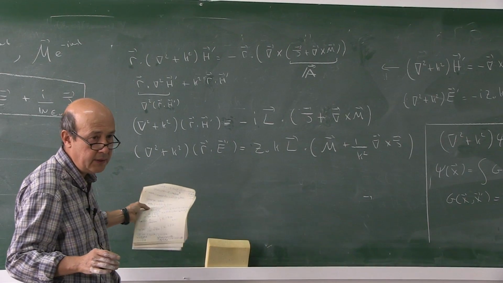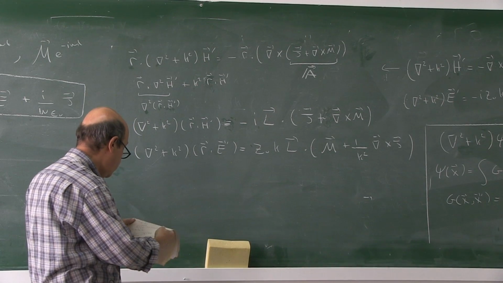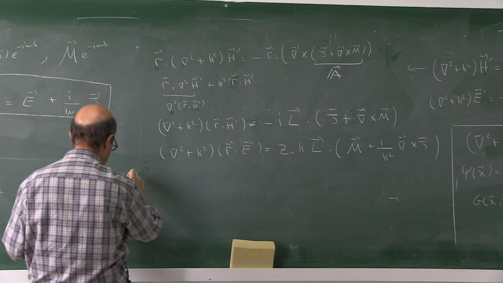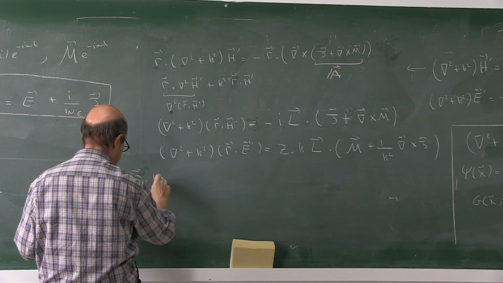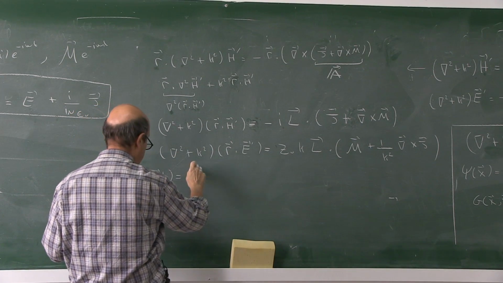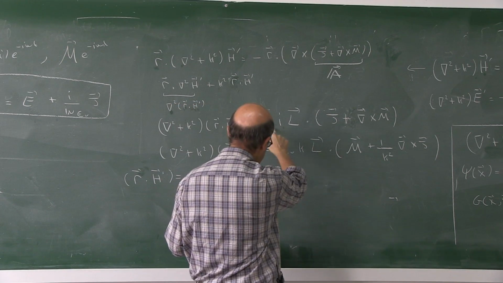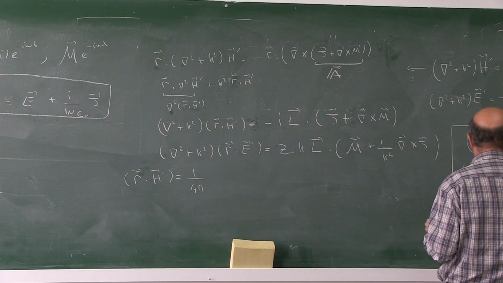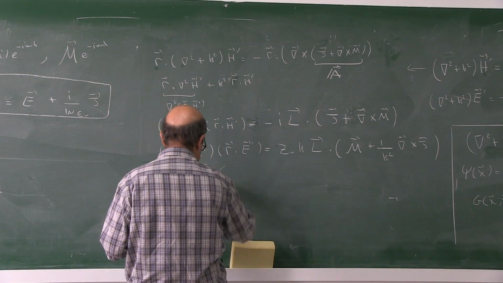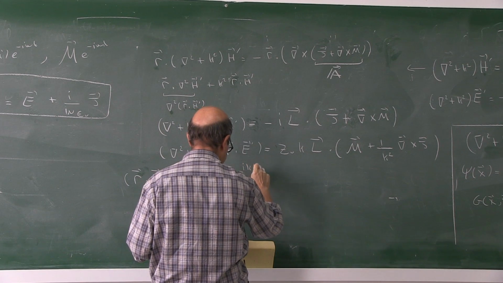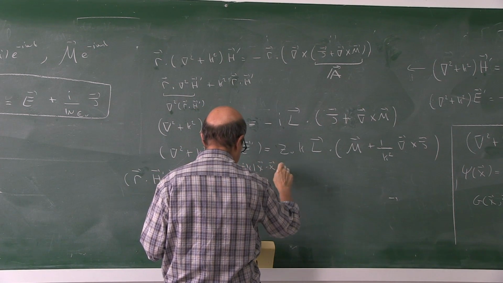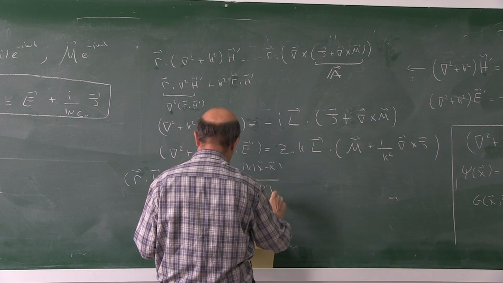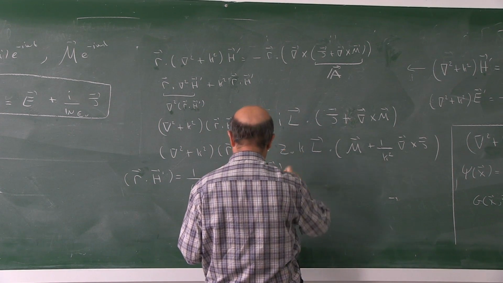So we have the same situation here. Basically, the solution will be very simple. For example, this one, R dot H prime will be minus 1 over 4 pi, because this is divided by 4 pi, times the Green's function e to the ik times x minus x prime divided by x minus x prime, times the source.